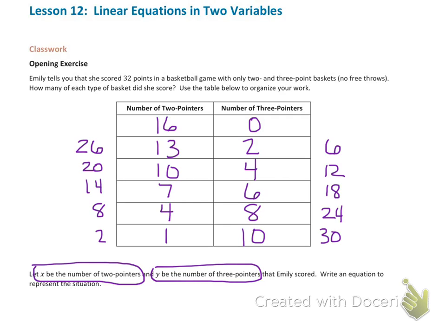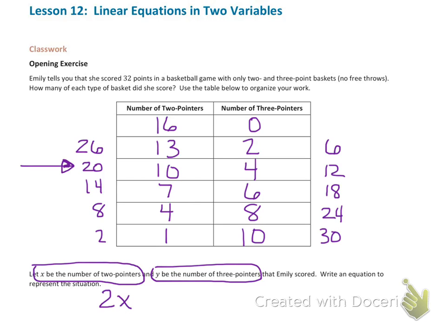All right, so with the number of 2-pointers, let's take a row like this as an example. So the number of 2-pointers was 10, but we're using x for that. In order to figure out the points that she scored with those 2-pointers, we had to multiply it by 2.